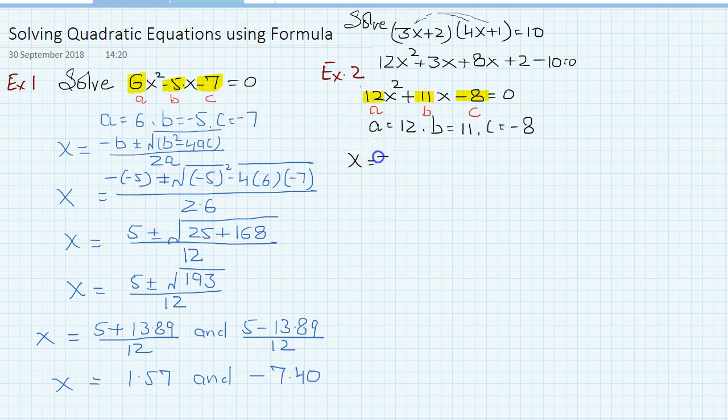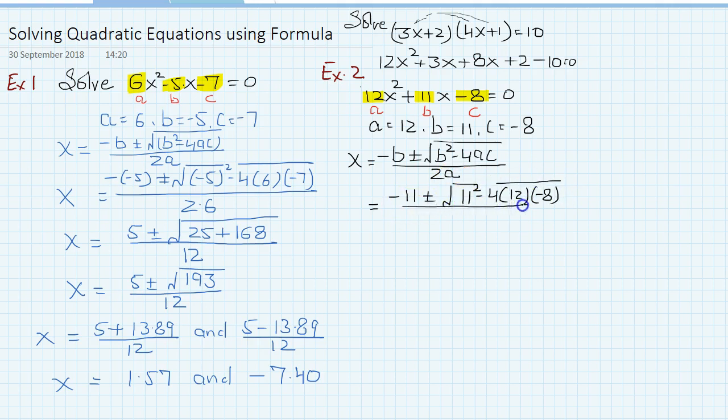X is equal to minus b plus minus root b square minus 4ac over 2a. Now let's put the values. Minus b is minus 11 plus minus root, b square is 11 square, minus 4, a is 12, and c is minus 8, over 2 multiplied by 12.